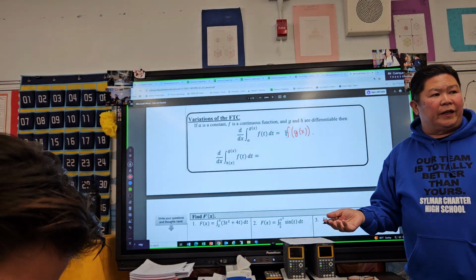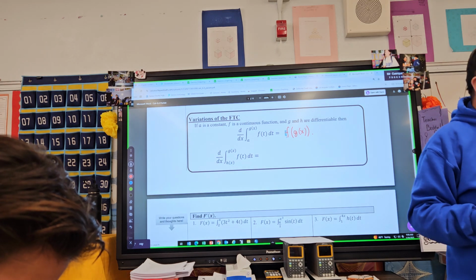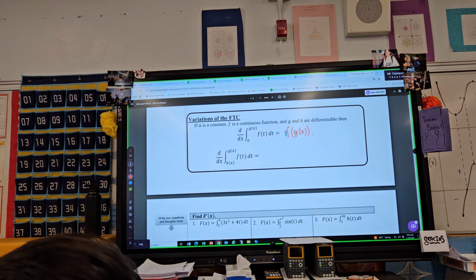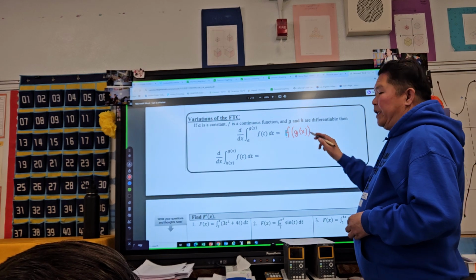What kind of function is this? Recall that this is a composite function, right? Composite function. So that means the inside.